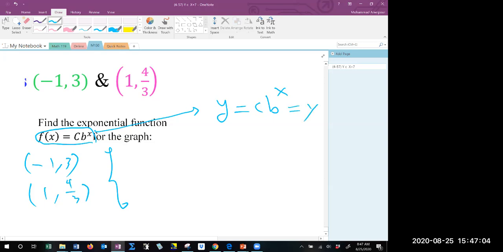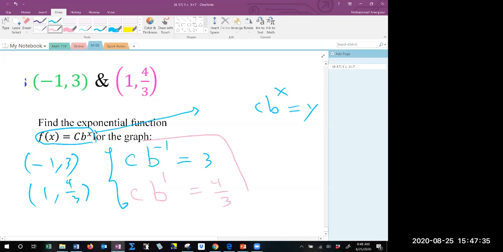Maybe even that one is better. We put the very first pair in it: c is missing, b is missing, x is -1, y is 3. Look at the next one: c is missing, b is missing, x is 1, and the answer is 4/3.